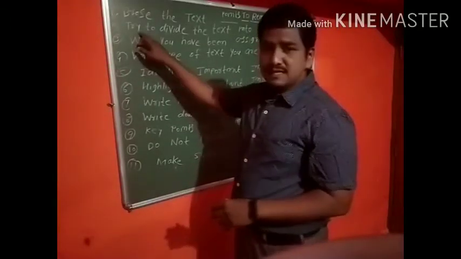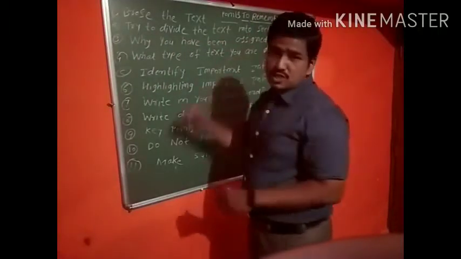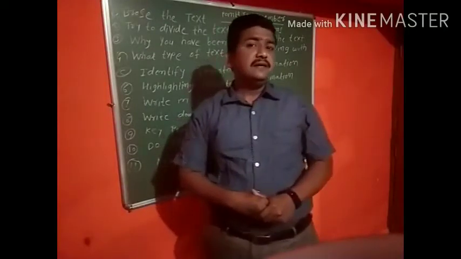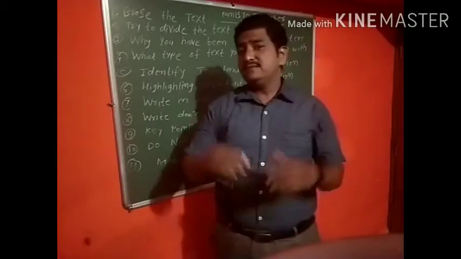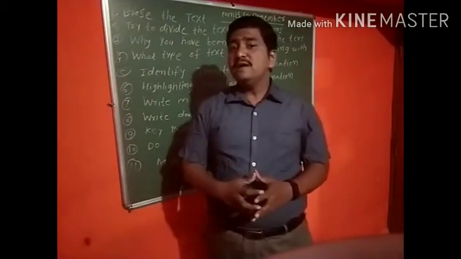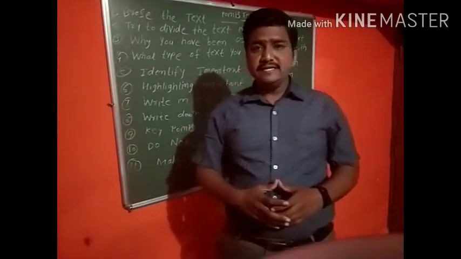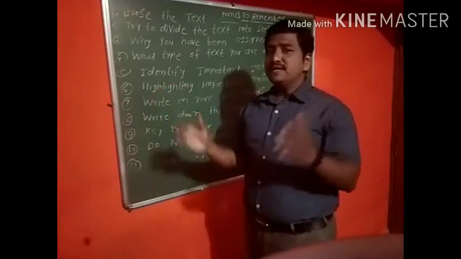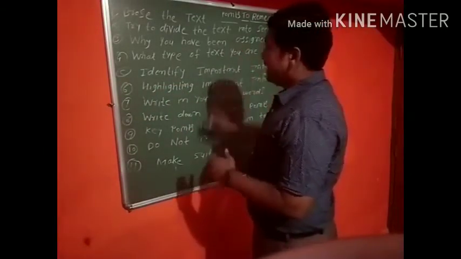The next is to try to divide the text into sections. If they ask to make the summary of the given passage, we have to make different sections for the summary writing. We have to divide the passage into different parts.